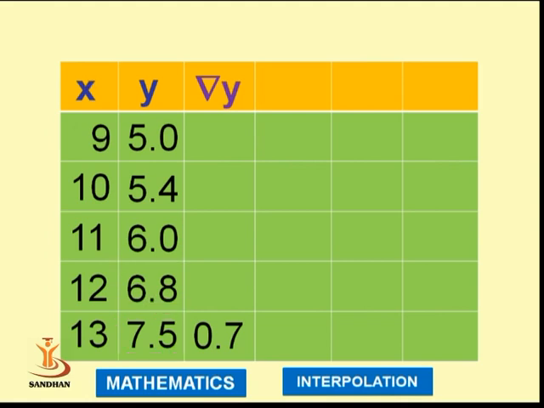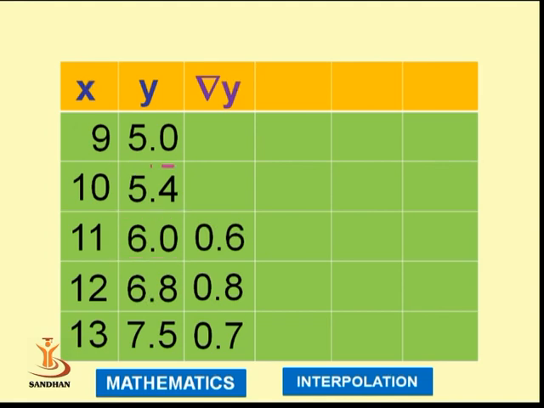Nabla y4 is y4 minus y3, which is 6.8 minus 6, equal to 0.8. Nabla y3 is y3 minus y2, which is 6 minus 5.4, equal to 0.6.